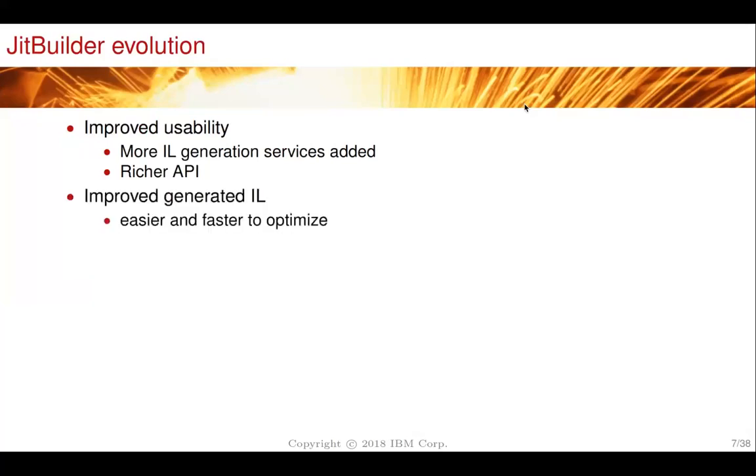We've also improved the IL generation process so that it is now easier and faster to optimize the generated IL, resulting in faster, higher quality code once the JIT compiler is done running. There have been lots of other improvements done. I don't have enough room on one slide to list them all, so I'm going to move on to the main topic of this presentation, which is language bindings.